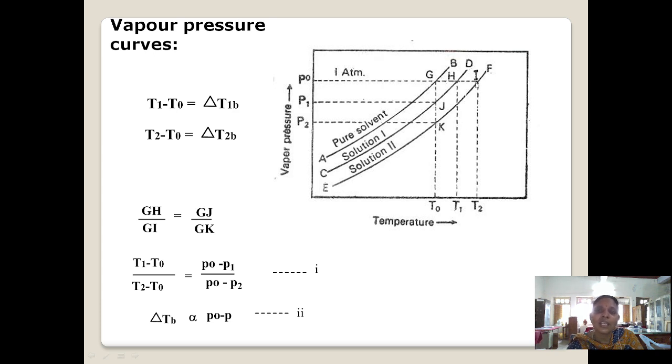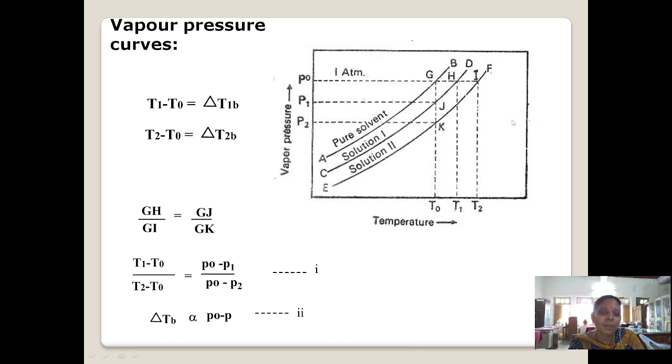After the vapor pressure of solution 2 equals the atmospheric pressure, it starts boiling, meaning the temperature of solution 2 increases further. So T2 is the boiling point of solution 2, T1 is the boiling point of solution 1, and T0 is the boiling point of the pure solvent.